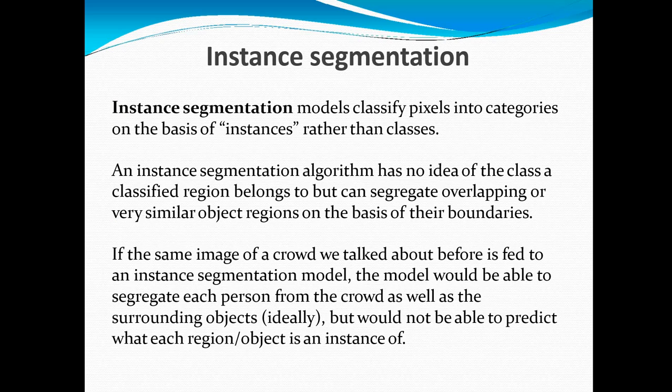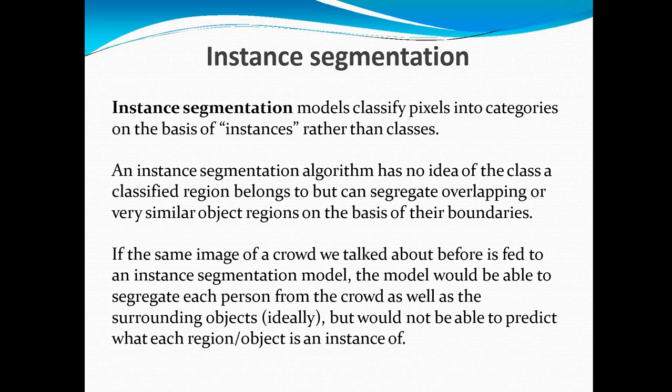Instance segmentation. Instance segmentation models classify pixels into categories on the basis of instances rather than classes. An instance segmentation algorithm has no idea of the class a classified region belongs to, but can segregate overlapping or very similar object regions on the basis of their boundaries.